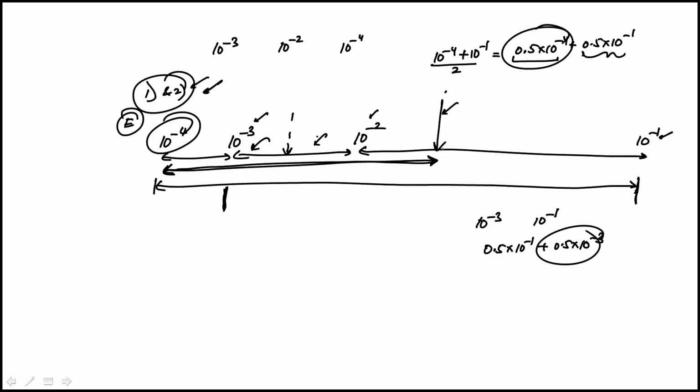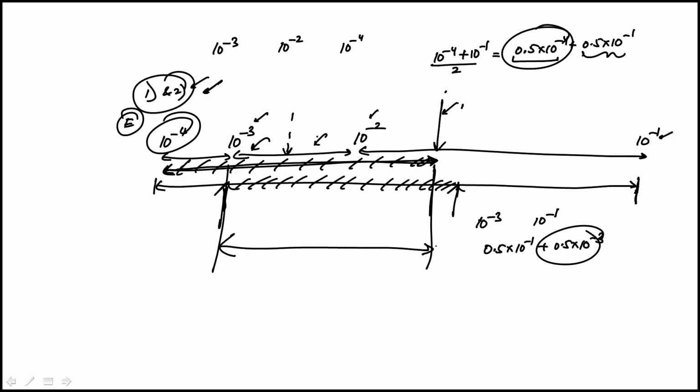It doesn't really matter that much, but we know the halfway point is going to be something like that. So statement 2 is telling us that it could be any one of these values, and statement 1 said these two. When we combine these two, the common values are from here to here. So combining statements 1 and 2 tells us that the value could fall anywhere here.